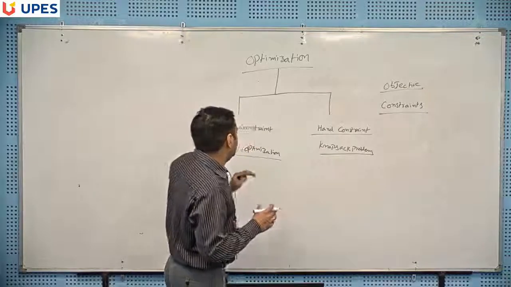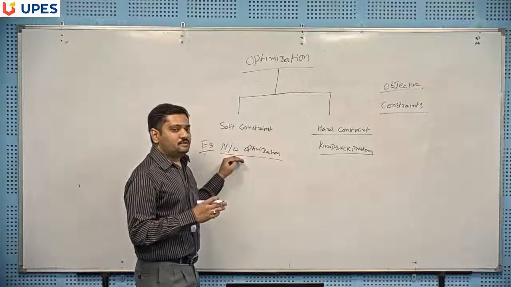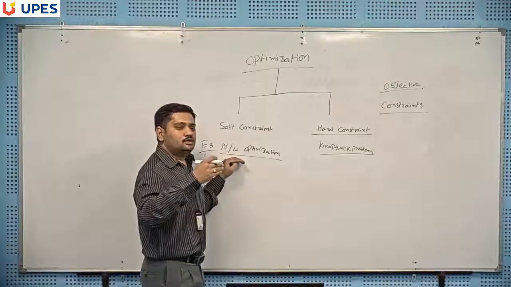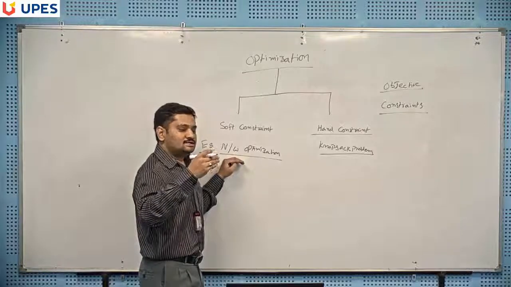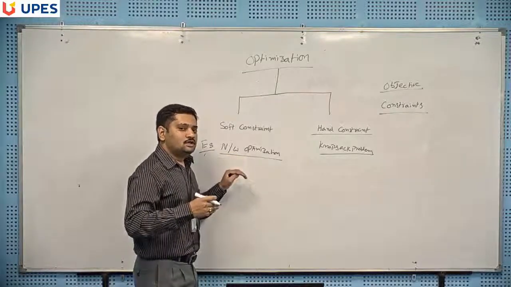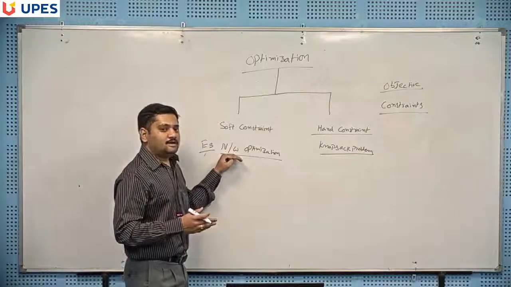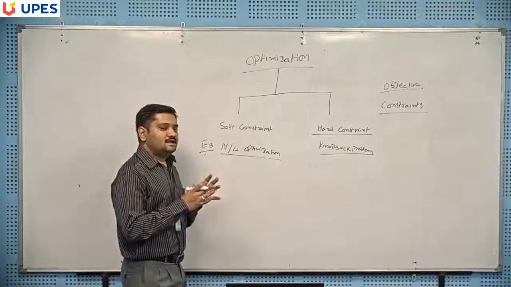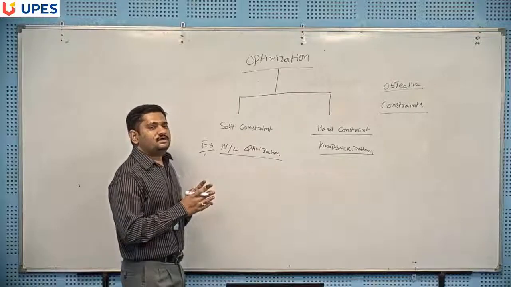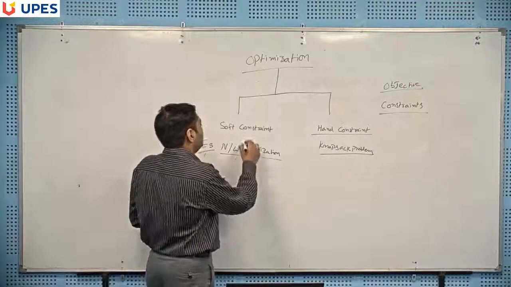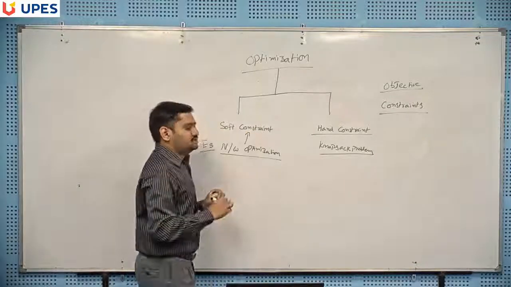If we start putting constraints over the problem, we need to minimize the number of packets lost, and we need to improve the throughput, and so on, which comes under network optimization. A simple network optimization problem falls under soft constraint optimization.